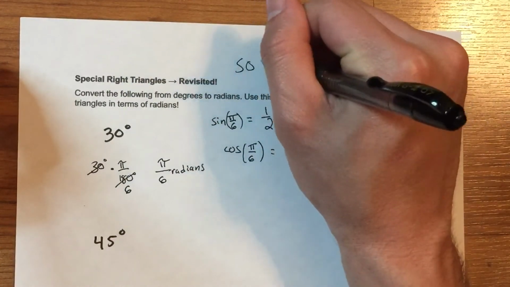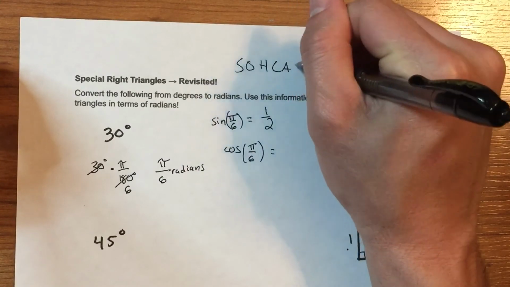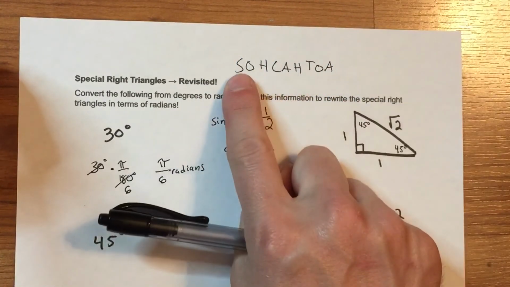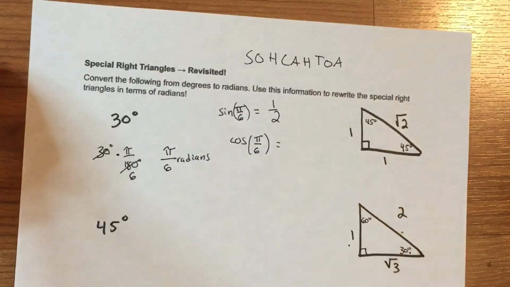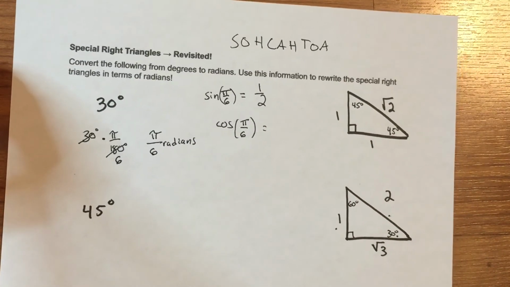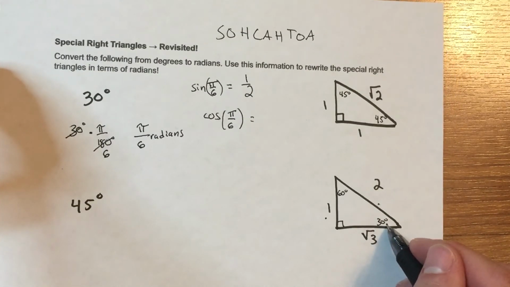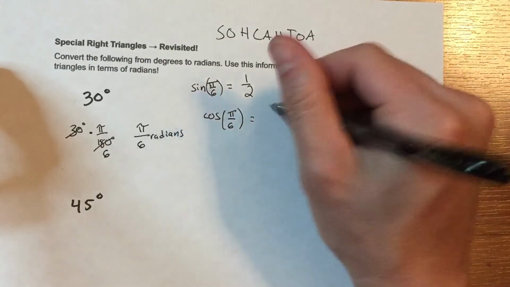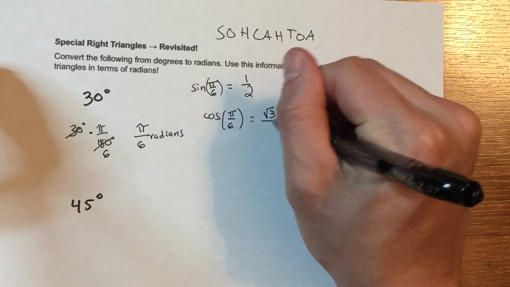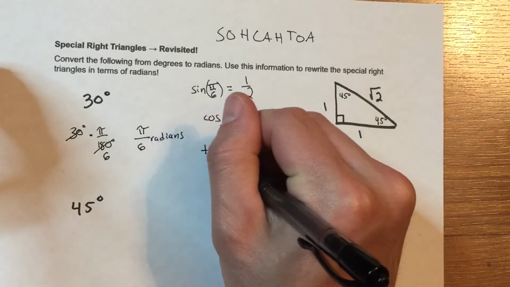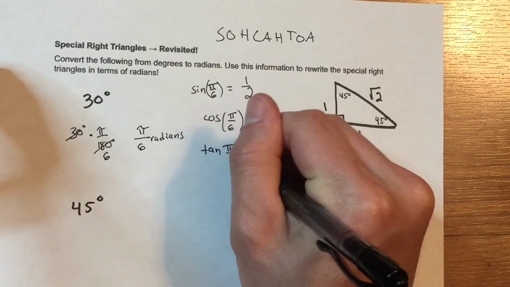For people that don't recall last week's video, we are referring to that SOHCAHTOA trick, or sine, cosine, tangent. The cosine is your adjacent over hypotenuse. Adjacent is radical 3 over 2 hypotenuse.